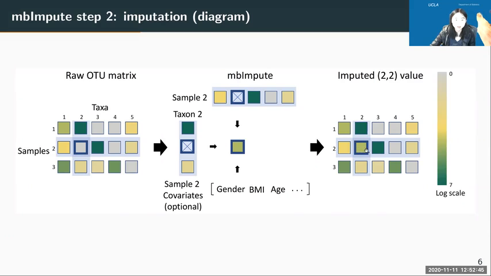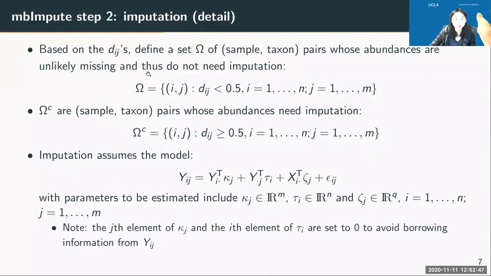This is the diagram. In detail, what we do mathematically is that, based on the Dij we calculated in step 1, we define sample taxon pairs into 2 sets. One set is the pairs whose Dij is smaller than 1/2.